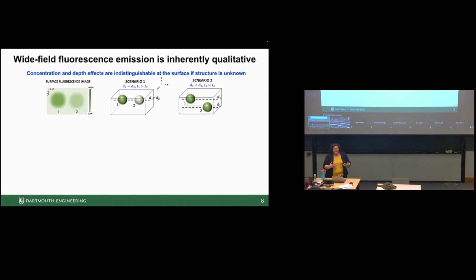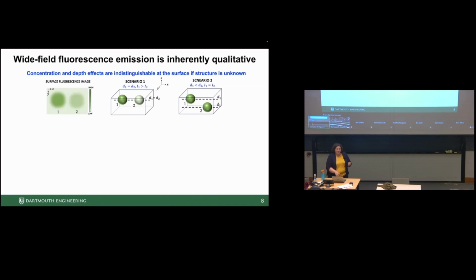is that intensity-based fluorescence imaging in thick tissue samples, such as a person, is non-quantitative. Fluorescence intensity varies really widely with the concentration of your imaging agent and the depth at which the thing that you're imaging is at. So for instance, we can look at two scenarios. On the left is scenario 1 where we have two inclusions. They're at the same depth below the surface of the tissue, but they have different concentrations of fluorophores.